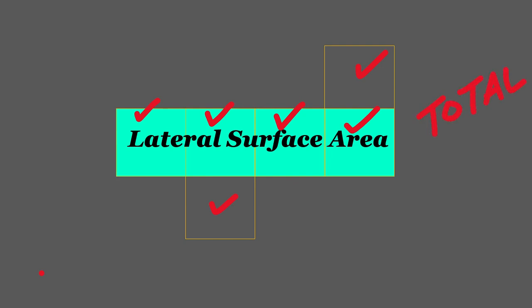Lateral surface area is pretty much like total, except we do not include two of the sides, more specifically the bases. Sometimes we could say that as top and bottom. So that is lateral surface area. It's always less than the total because obviously two of the sides are missing. Okay, that's the key to today. Total is everything. Lateral is slightly reduced because two of the sides are missing, or maybe just one.